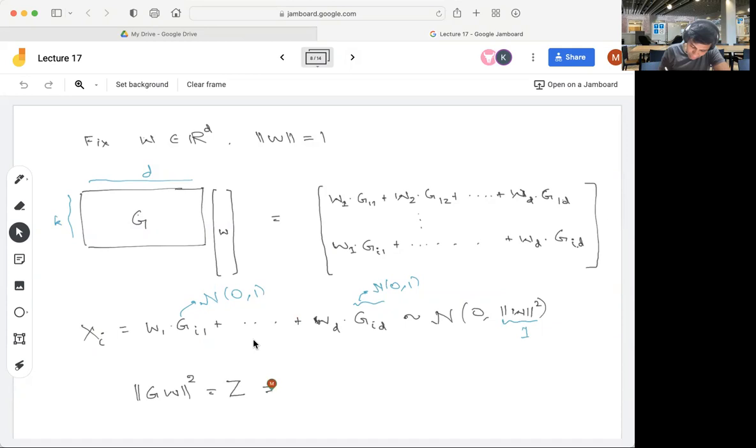This is the sum of squares of all the entries in this. There are k of them. And from what we just saw, x1 to xk are also standard Gaussians. And this takes maybe a moment's thought, but they're also independent. Because x1 only depends on entries in the first row of G.